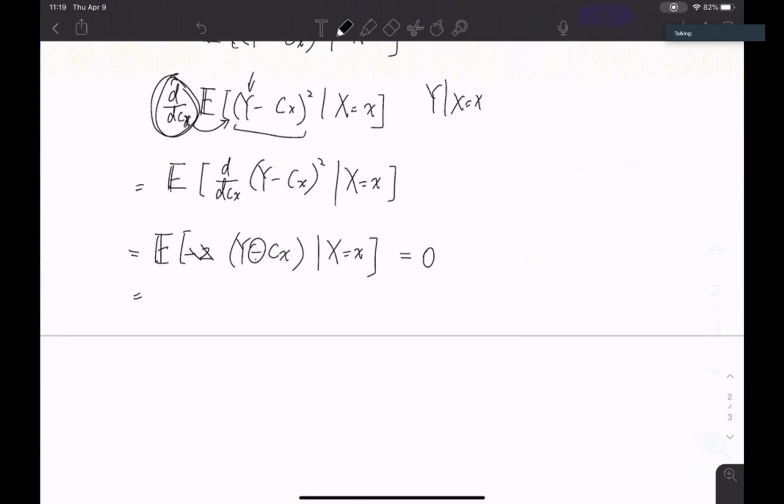And because of the property called linearity of expectation, we can break this into the expectation of y conditional on x, minus the expectation of c of x conditional on x.